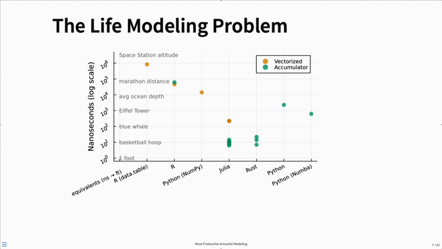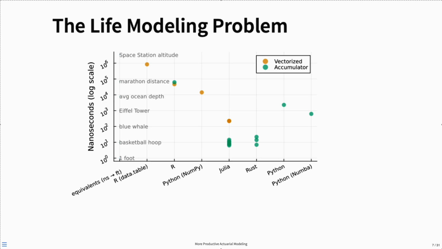On the left side of the plot is how long it took to calculate the net premium for a given policy. It is log scale, so it ranges from 10 nanoseconds at the second from the top where Julia is, all the way up to 1 million nanoseconds, which is how long the data table approach in R took.